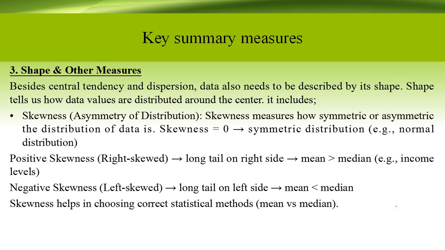Skewness equals 0, symmetric distribution, e.g., normal distribution. Positive skewness, right skewed, long tail on right side, mean greater than median, e.g., income levels. Negative skewness, left skewed, long tail on left side, mean less than median. Skewness helps in choosing correct statistical methods, mean versus median.